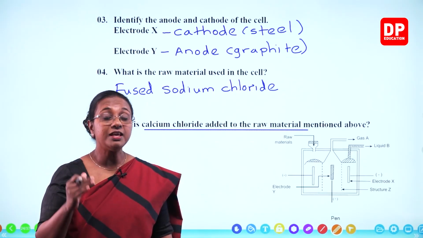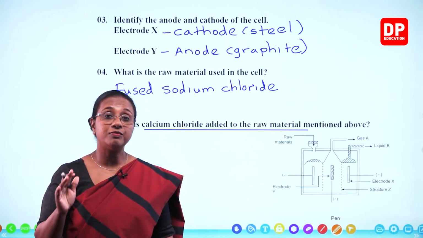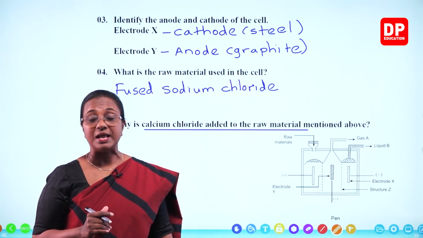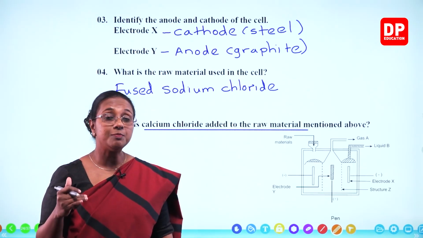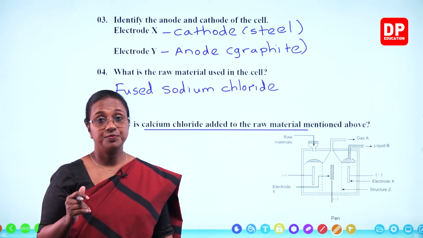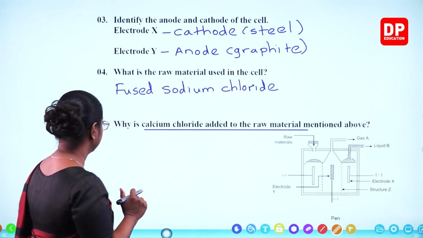So to decrease that melting point, what they do is they add about 40% of calcium chloride to the raw material, so that the melting point decreases to 600 degrees Celsius. So that is the reason why calcium chloride is added.